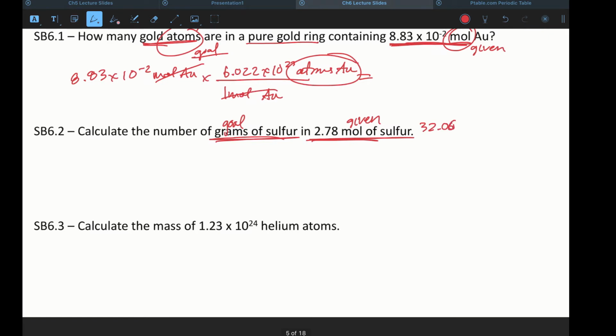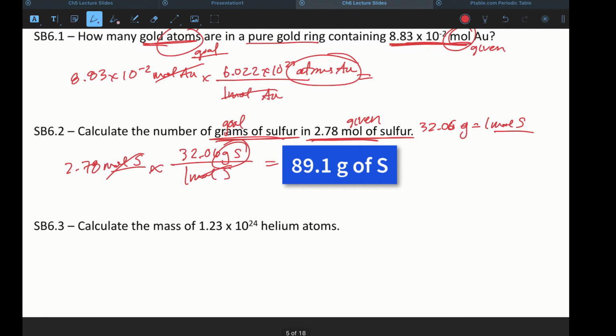And remember, that's the number of grams equal to 1 mole of sulfur. So let's just set this up, 2.78 moles of sulfur. And I'll put each piece where it belongs. If this says moles, that needs to go down there. Moles of sulfur cancel. Grams of sulfur are all that remain. I would do my math and round to the correct number of sig figs, which is 3.